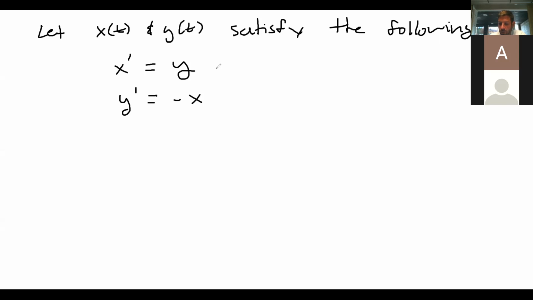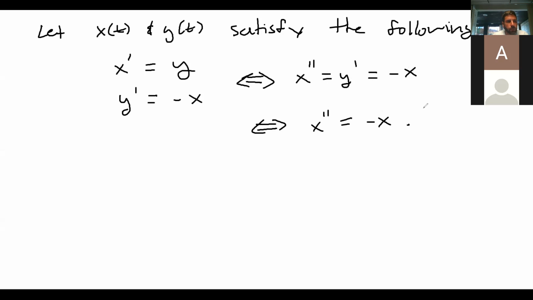There are a lot of ways we can think about this, but this system of equations is really, if you wanted, just one equation. If I differentiate the top, I get x double prime must equal y prime. But what's y prime? Y prime is negative x. So this is equivalent to asking what function has a second derivative that is minus itself.